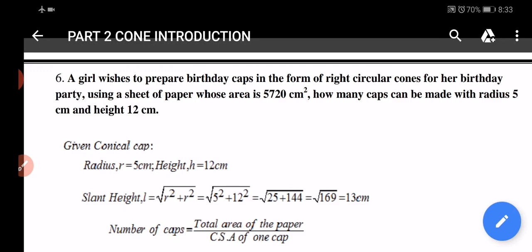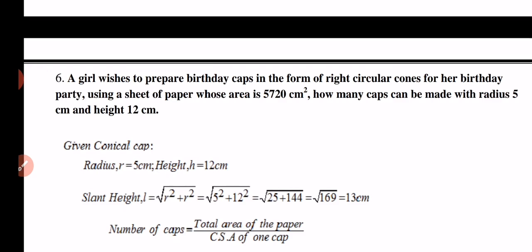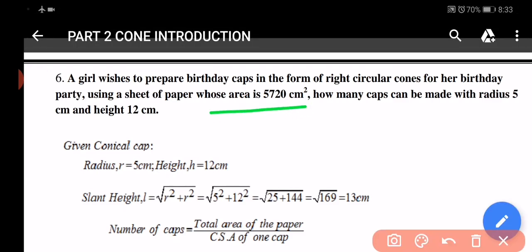So a girl prepares right circular cone birthday caps using the sheet of total area, how much? 5720 centimeter square. So what is asked in the question? How many caps can be made by using this area?